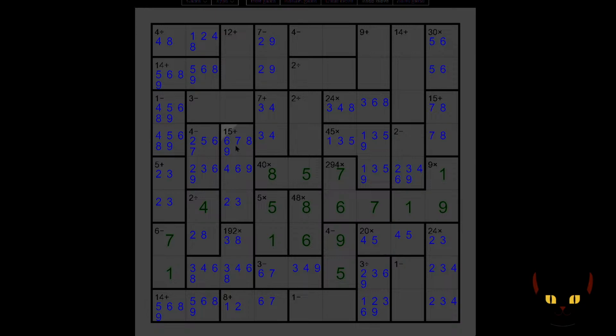Except, no, because you can't have 2 6s in the same column.